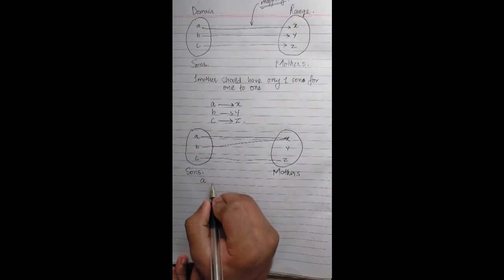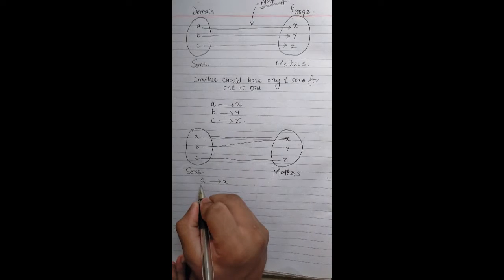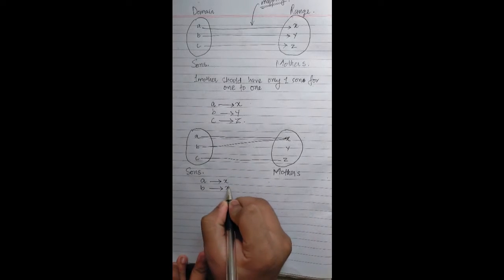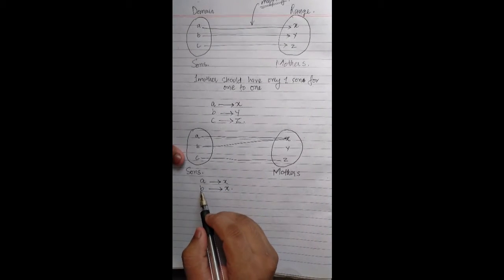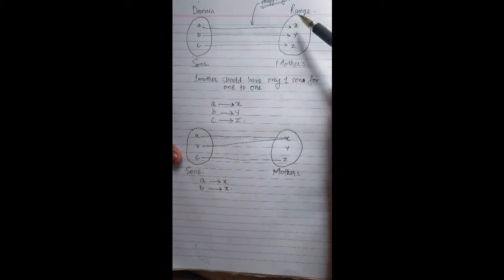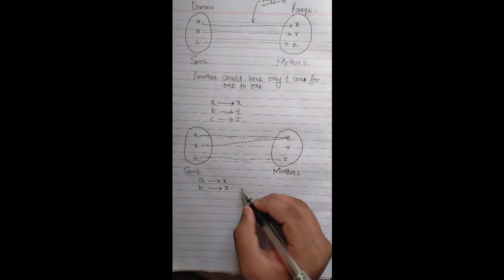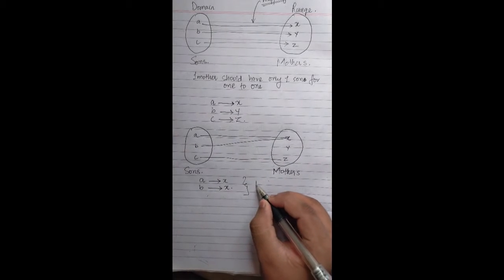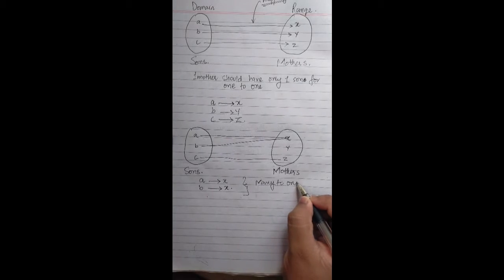This means A is mapped onto X and B is mapped onto X. This means A and B have a common output. This is known as many to one.